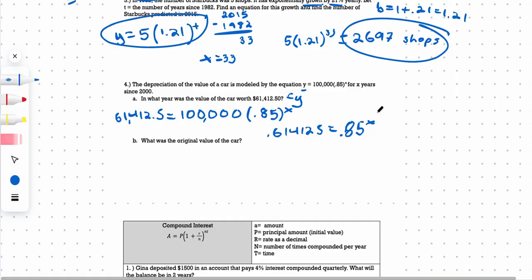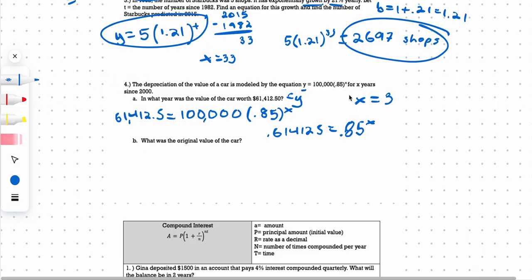And so I do log base 0.85 of 0.614125. We get 3. So actually it works out perfect. And just to check, I'm going to do 0.85 to the third power, and we get exactly that.